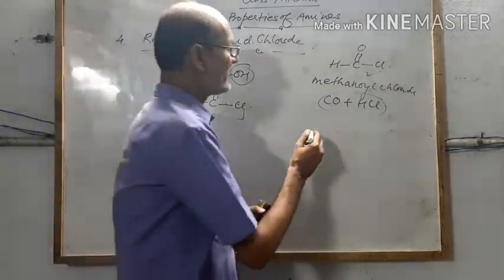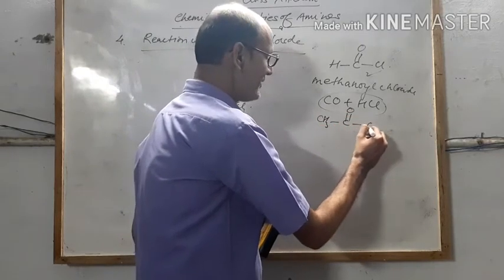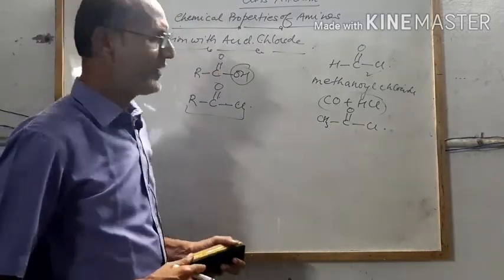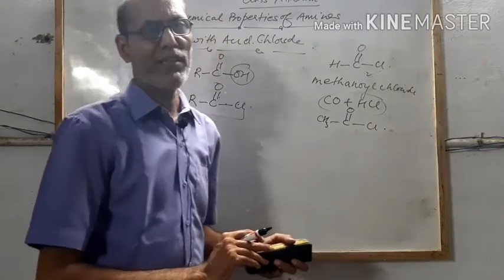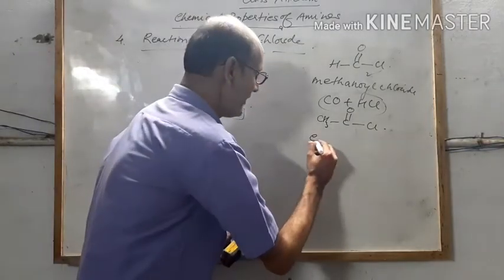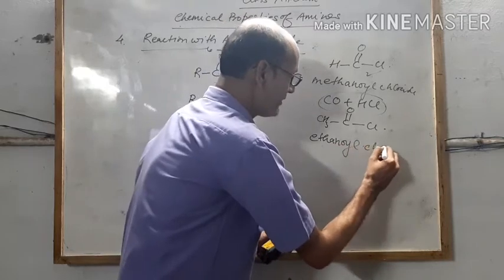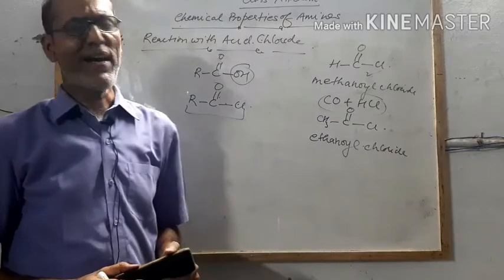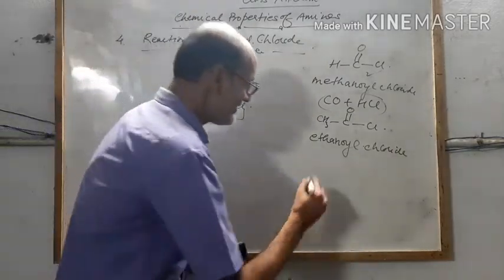Another member is CH3-COCl. This contains 2 carbons and it is stable at room temperature. Its name is ethanoyl chloride. But the most widely used name for this compound is acetyl chloride.